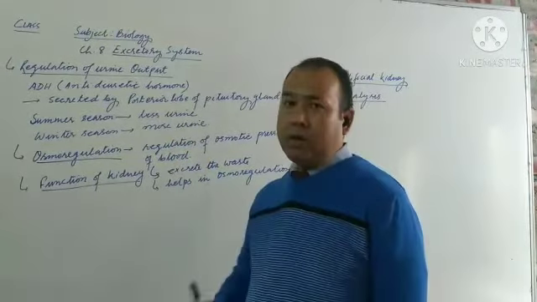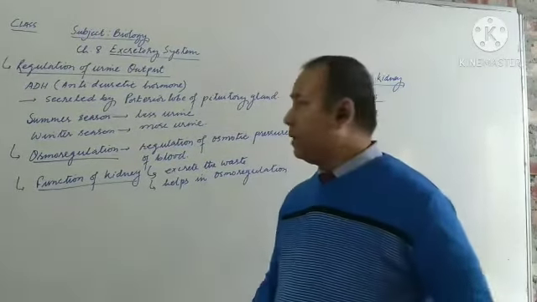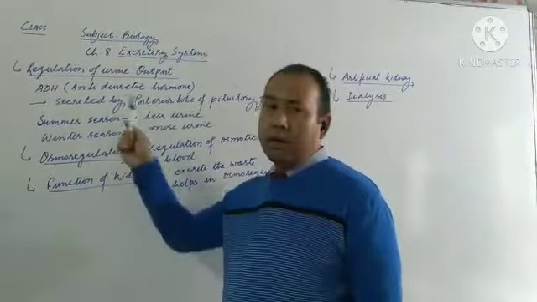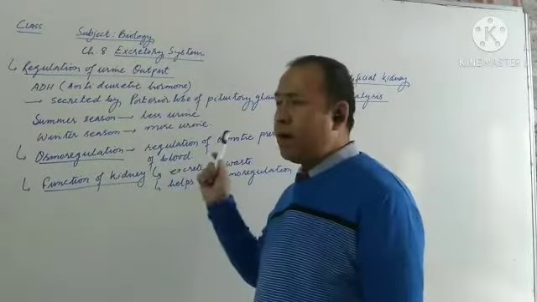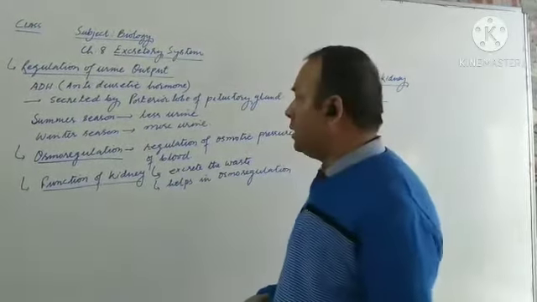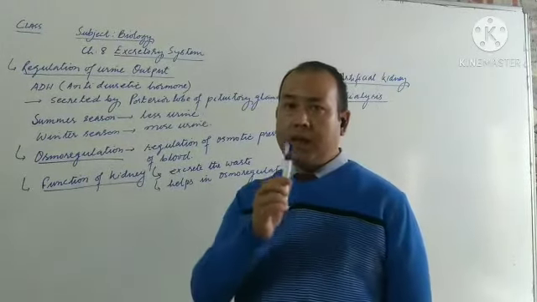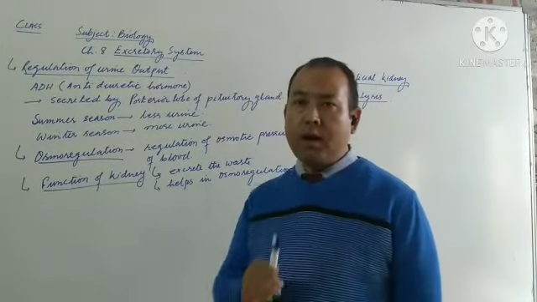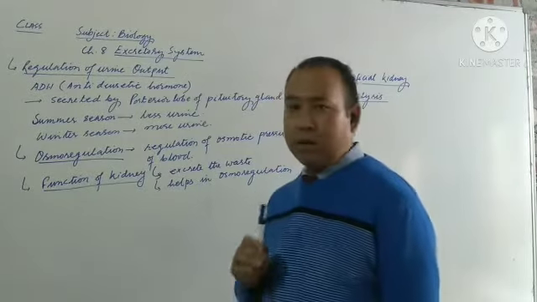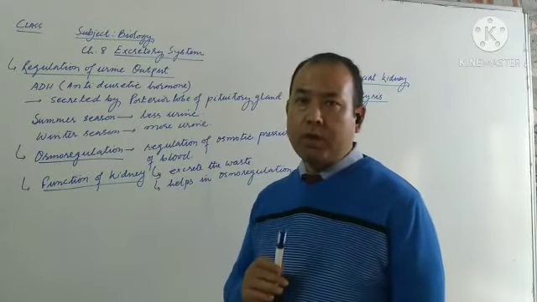Now, what this antidiuretic hormone does is that during summer season, a large amount of antidiuretic hormone is released by the pituitary gland. As a result, this ADH hormone makes the wall of the DCT permeable to water. About the DCT, the distal convoluted tubule, we have already learned.